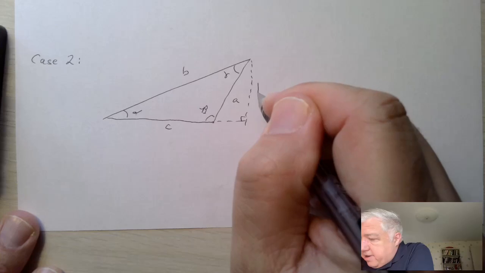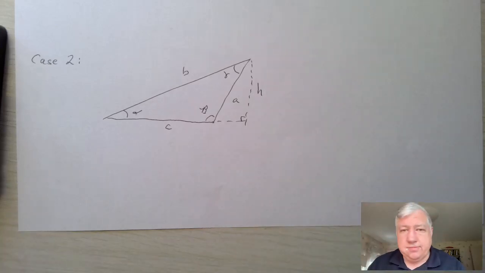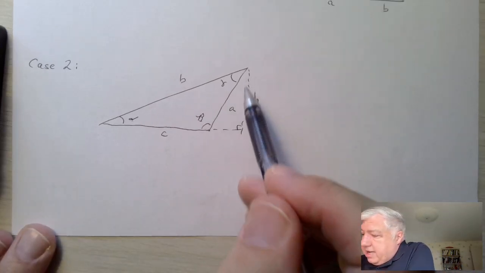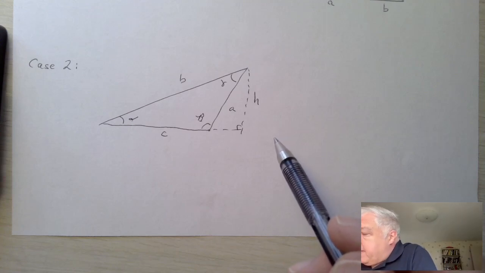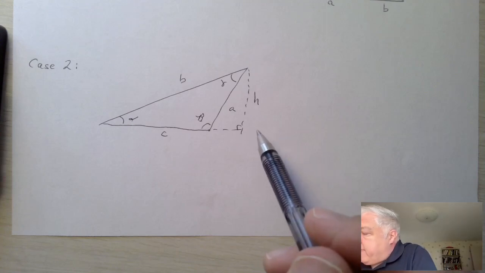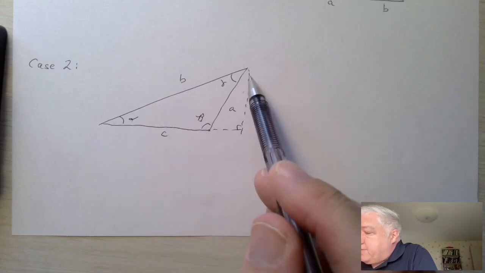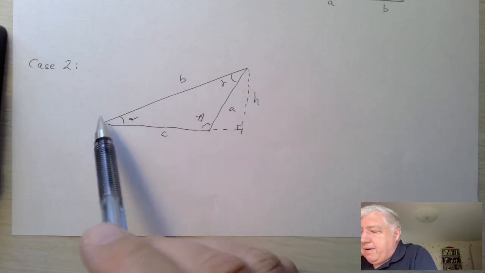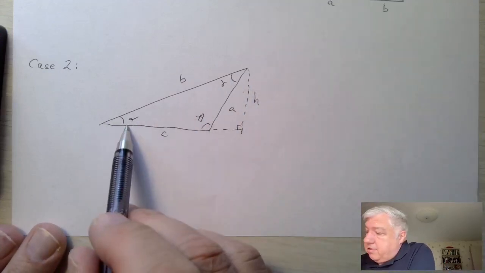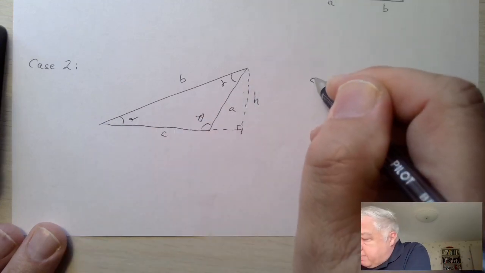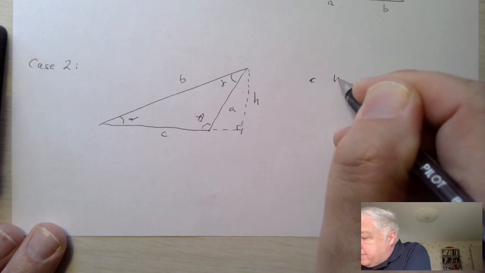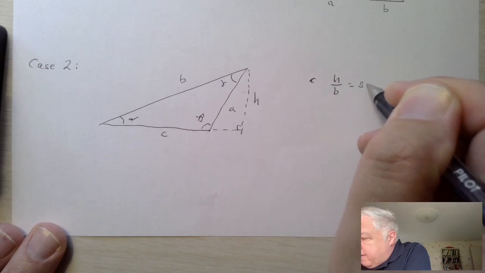Now, if we again call this side H, H is the opposite, B is the hypotenuse, and here is our alpha. This is our right triangle. So H divided by B is the sine of alpha.